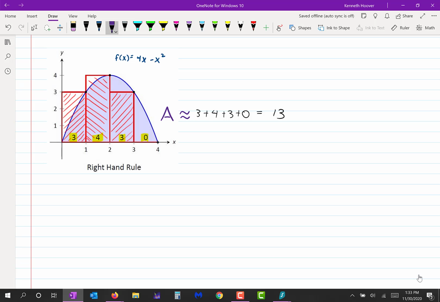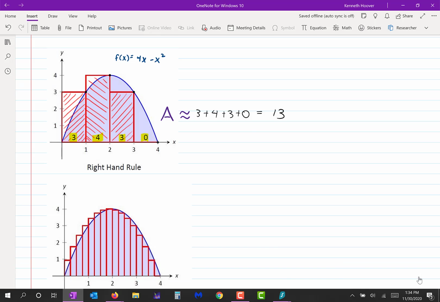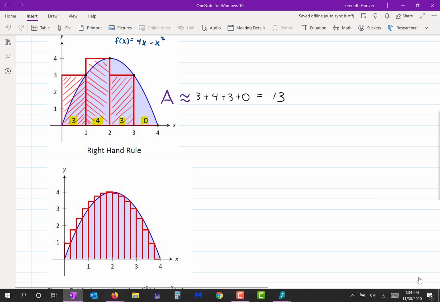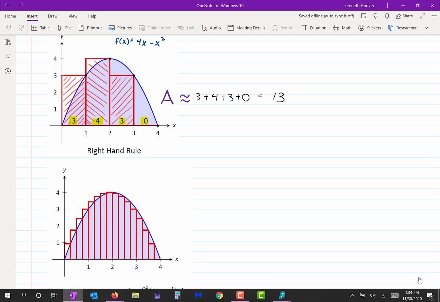Now, how could we make it a better approximation? How about if we increase the number of rectangles that we use? Now I think you'll agree that those rectangles are forming a parabolic type shape. It doesn't match up perfectly with the blue parabola, but it's a heck of a lot closer than the first example, isn't it?